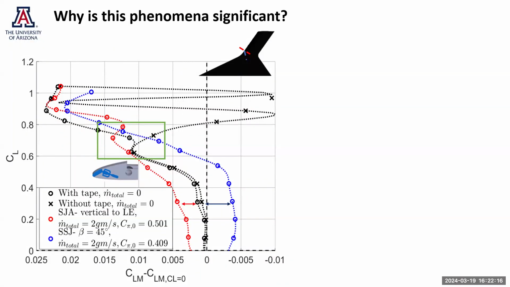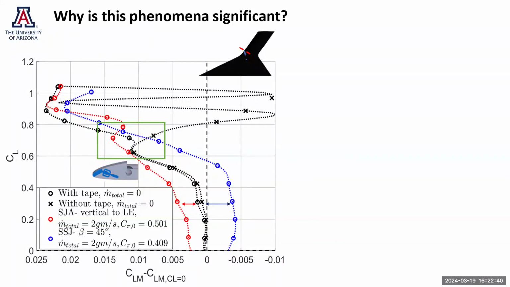But with actuation at that slot, we can get a nose up pitch moment, or with supersonic jet actuation inboard, we get a negative pitch moment. So in this alpha range, we can have on-demand pitch up or pitch down motion of the aircraft, which is pretty significant if you're flying an autonomous UCAV.